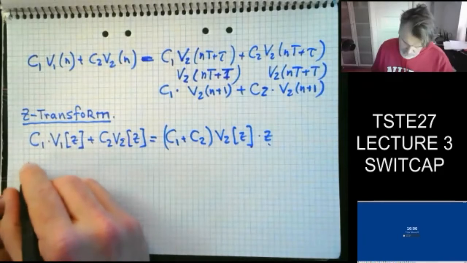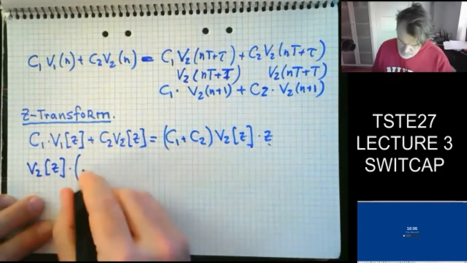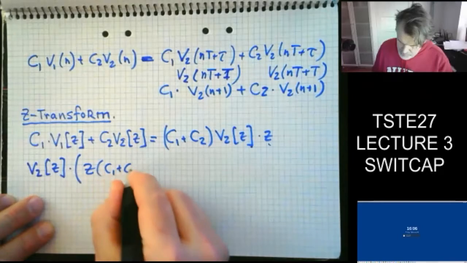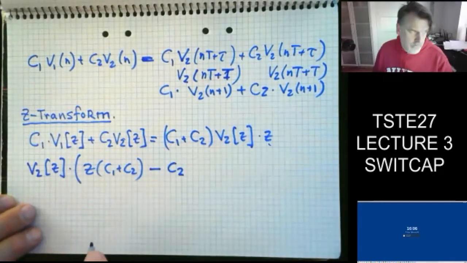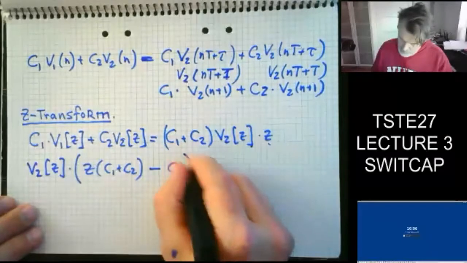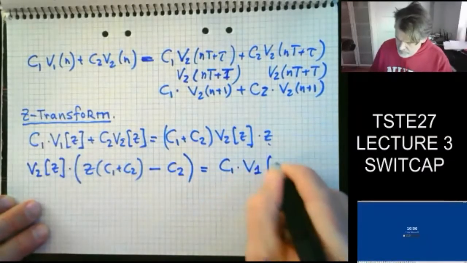So I get V2 of Z times Z, C1 plus C2 minus C2, equal C1 times V1 of Z.